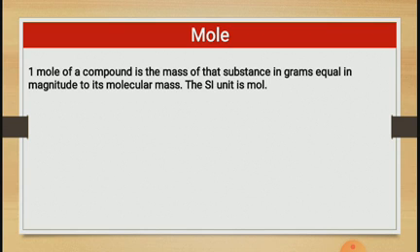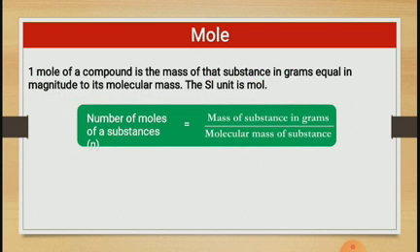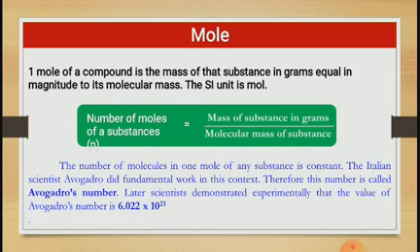Number of moles is the mass in grams of a given chemical compound divided by the molecular mass. You know how to calculate molecular mass. The mass of the substance in grams will be given. So let us solve one example.